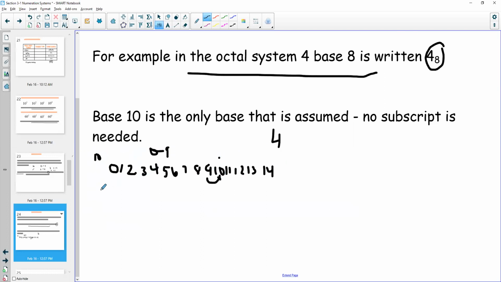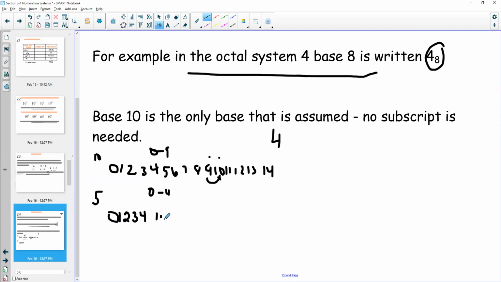Well, if I want to count in, let's say, base 5, I only have 0 through 4. So I would go 0, 1, 2, 3, 4. But then I'm out of digits. So when I ran out of digits in base 10, I moved to 10. When I run out of digits in base 5, same thing happens.